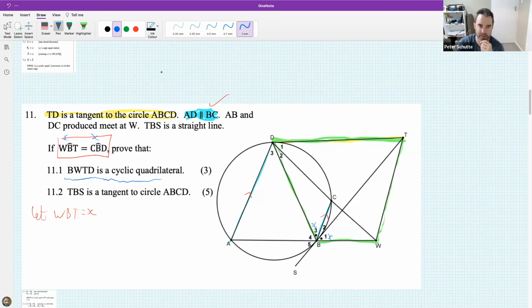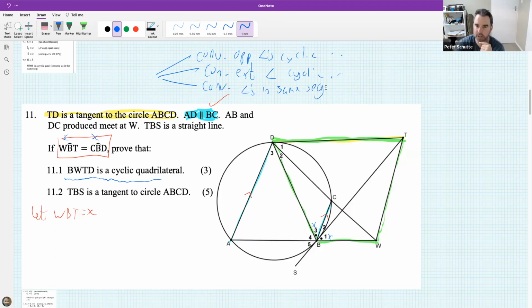When we think of the 3 options we have, I think we have converse opposite angles cyclic quad. We have converse exterior angle cyclic quad, or we have converse angles in same segment.